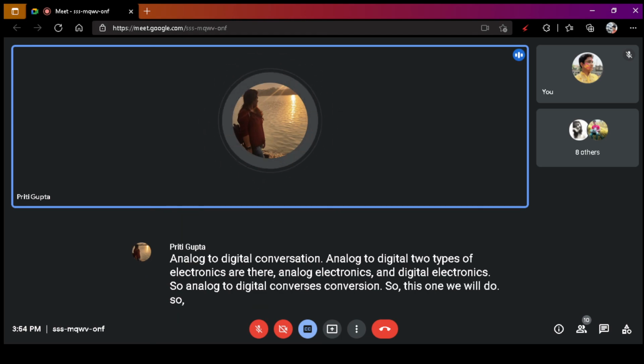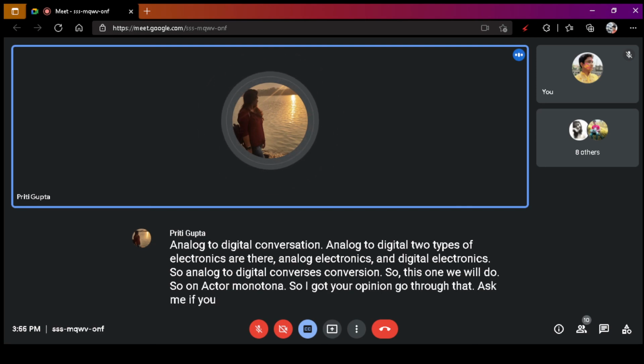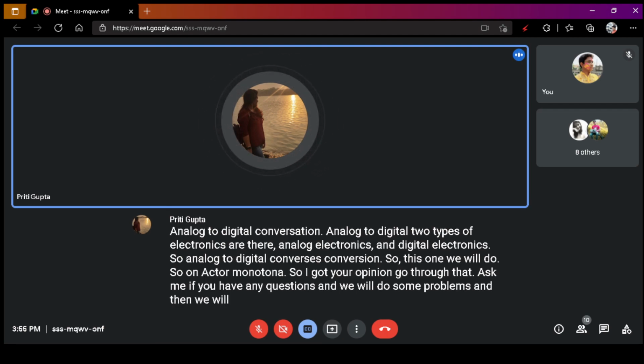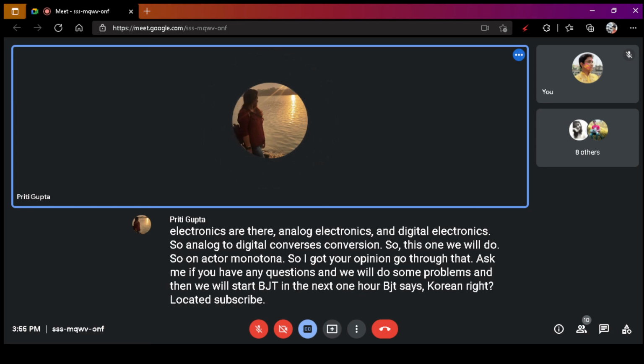It has become somewhat monotonous, we have been going through op-amp for many days. For the next class, go through whatever op-amp has been covered, ask me if you have any questions, and we will do some problems, and then we will start BJT in the next 1 hour. Should we finish BJT and then come back to this portion, or finish this first and then take up BJT? What is your opinion?